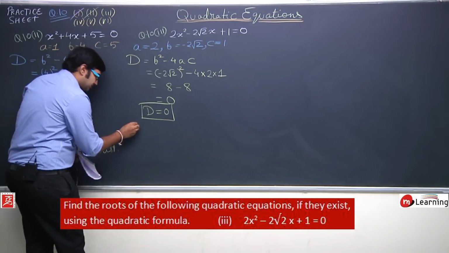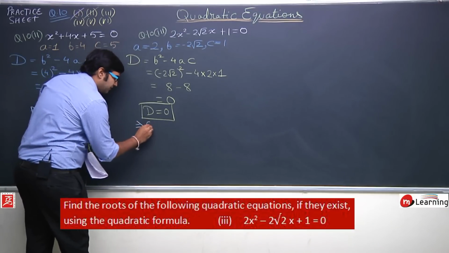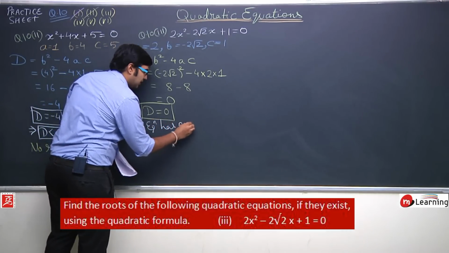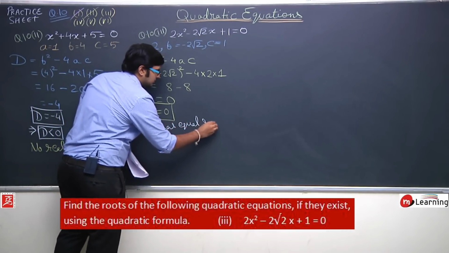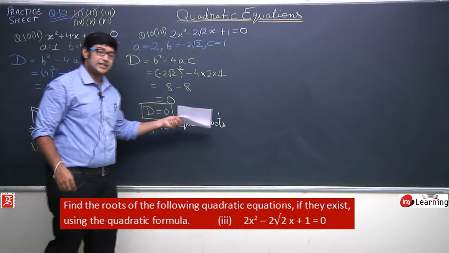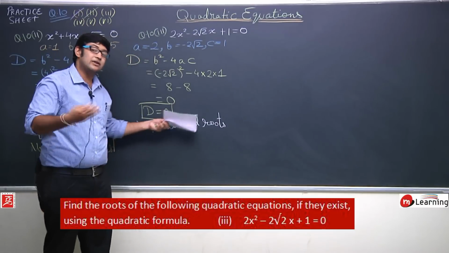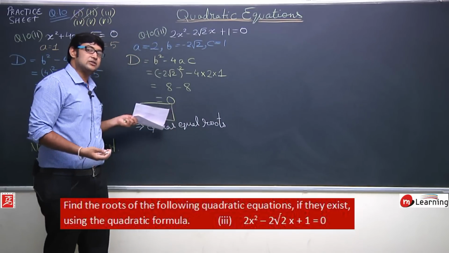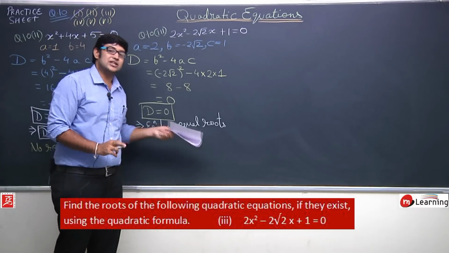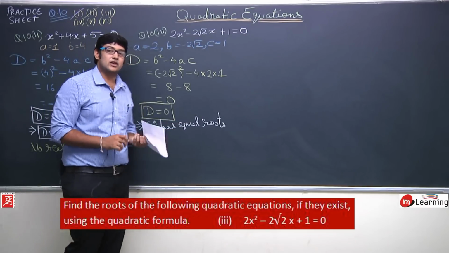It implies equation has equal roots. Okay, d is equals to 0 means equation will have real roots, but the real roots are equal, both the roots are equal.